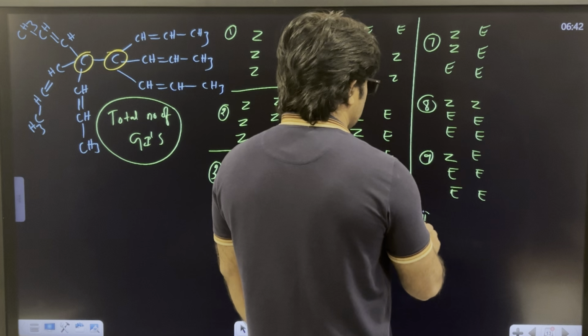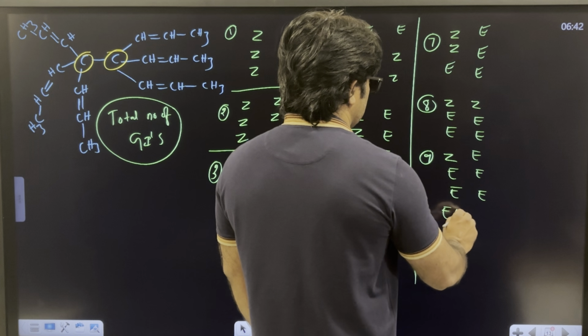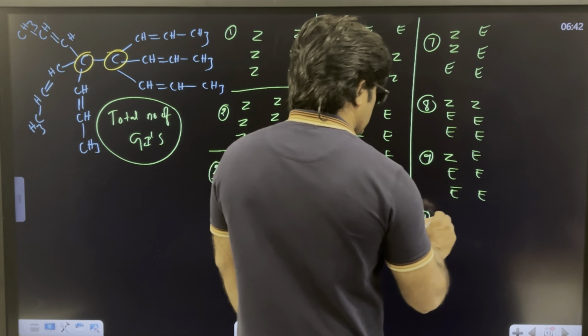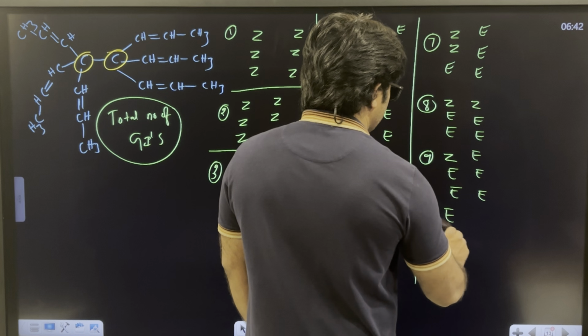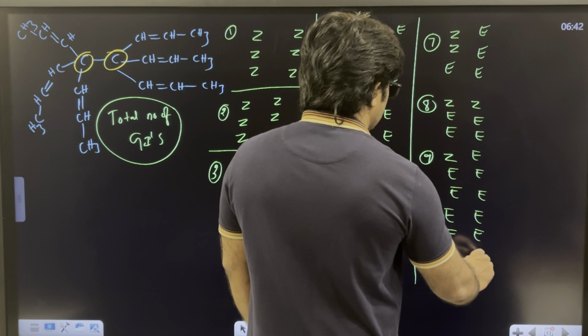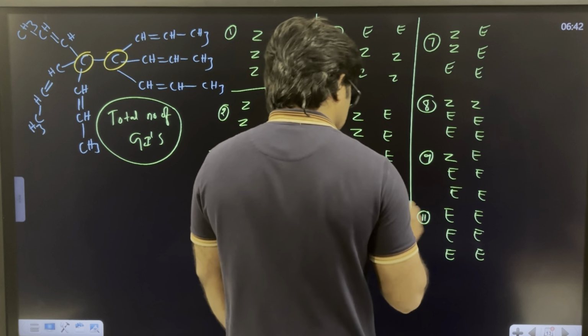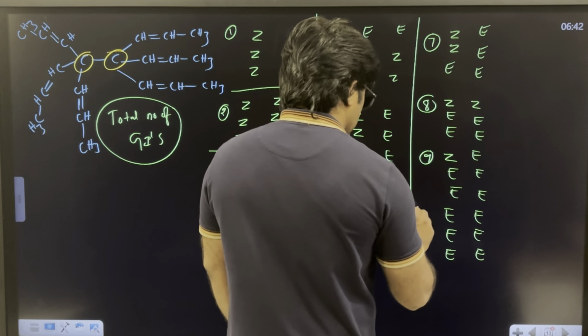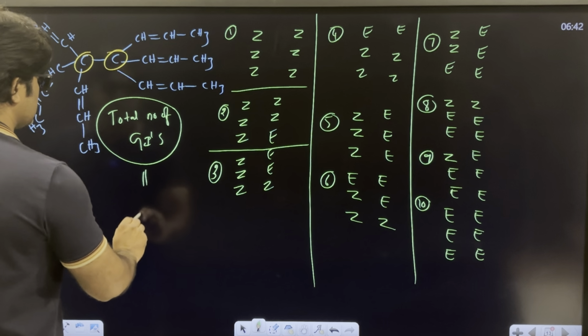And what is the last possibility? Left side all E configuration, right side all E configuration. This is our 10th possibility. So according to the given question, total number of geometrical isomers equals 10.